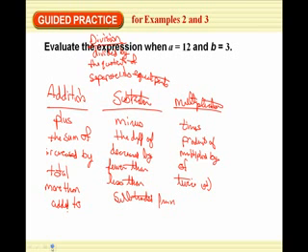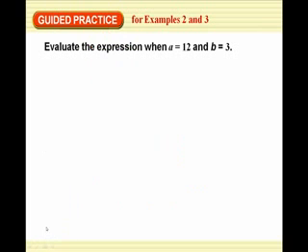So let's do some guided practice ones. Evaluate the expression when A is 12 and B is 3. So 9A, well, we look up here, A is 12, so we put a 12 in. It's going to be 9, I'm going to use a dot this time, times 12, which is 108.